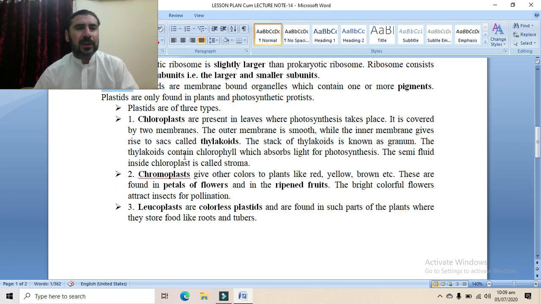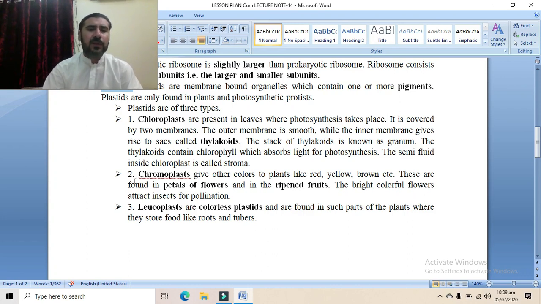Chlorophyll absorbs the sunlight, and that sunlight is used in the process of photosynthesis. So thylakoids are important because they contain the chlorophyll pigment and absorb the sunlight used in photosynthesis. So in the chloroplast the photosynthesis process takes place.